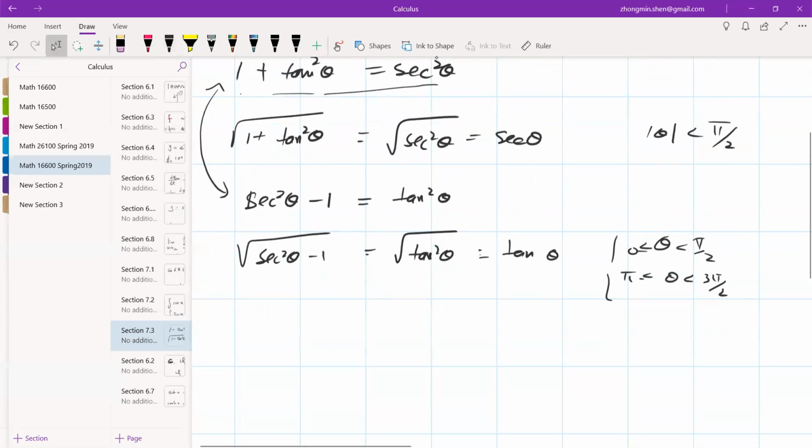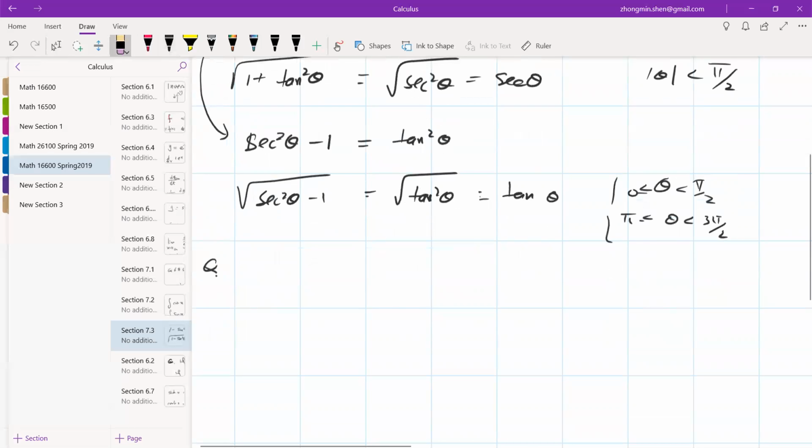All right, so let's take a look at the following problem. Remember, if you want to find the area of the semicircle or the whole circle with radius r, how do you find the area?